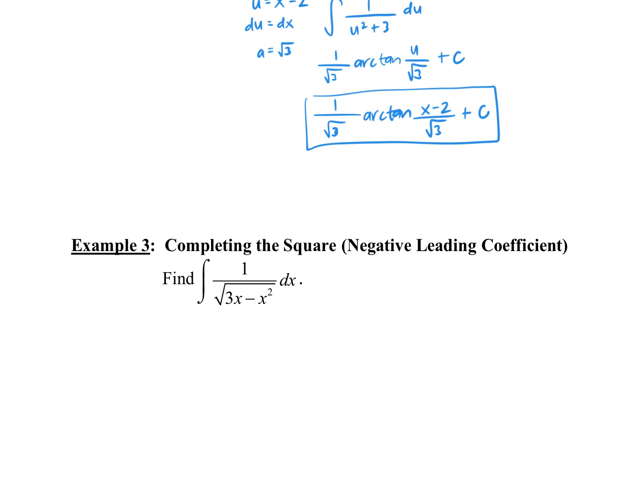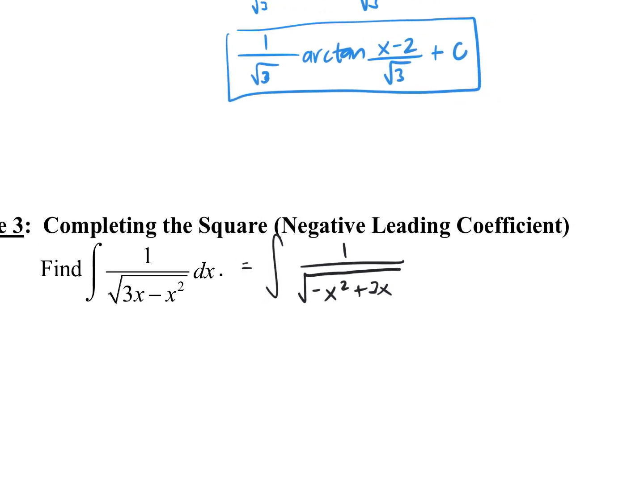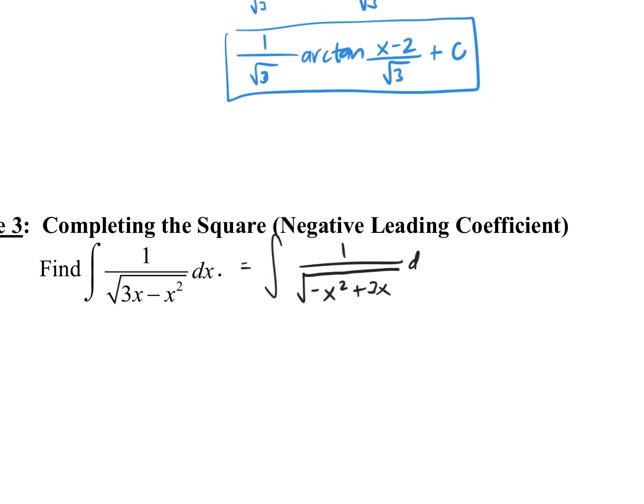We're going to complete the square in the denominator, but I'm going to first do a little bit of algebra to rearrange some stuff. So I'm going to have 1 divided by the square root of negative x squared plus 3x. Oh, and my dx there too.